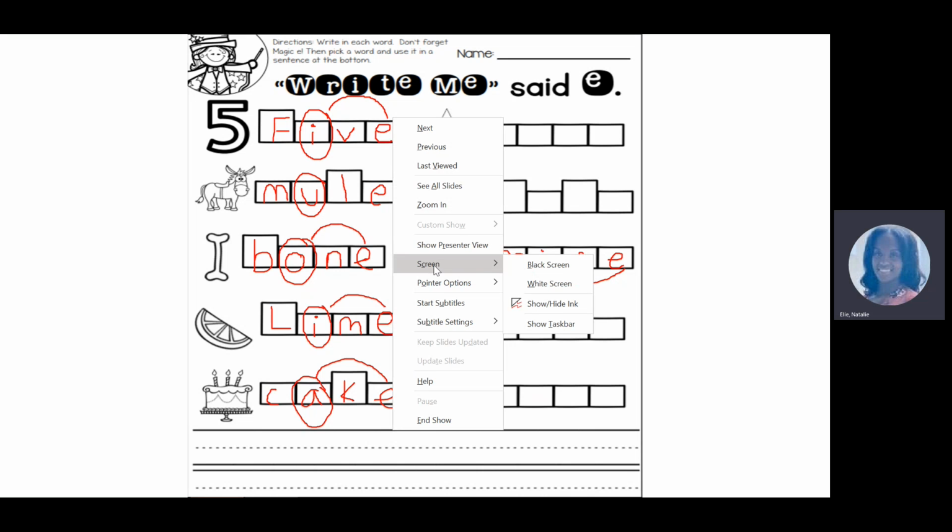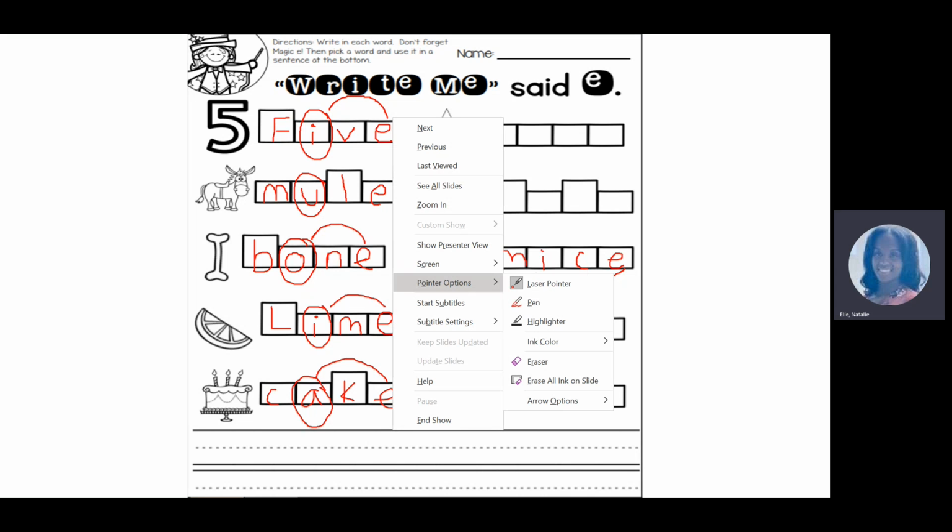All right. At the bottom of this paper, you are going to be making a sentence using a word that we just wrote. So I'm going to help you out by starting your sentence off for you. I want you to write, I see a.